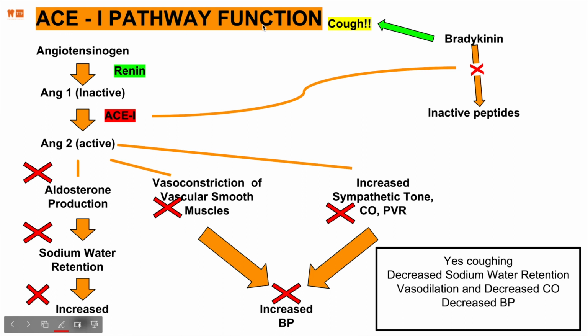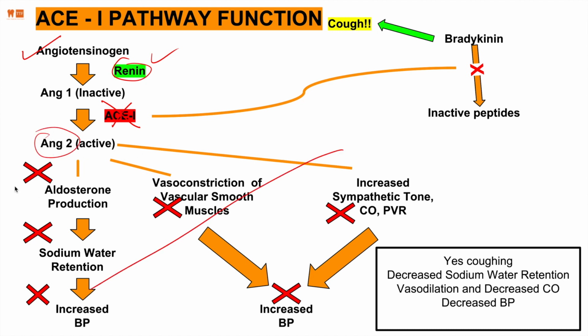The ACE inhibitor pathway allows angiotensinogen to become angiotensin 1 through renin. It's good, no problem. But the enzyme, angiotensin converting enzyme, is blocked. Therefore, angiotensin 2 cannot be formed, and therefore the whole process is blocked.